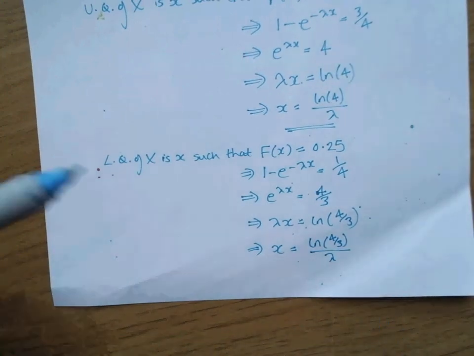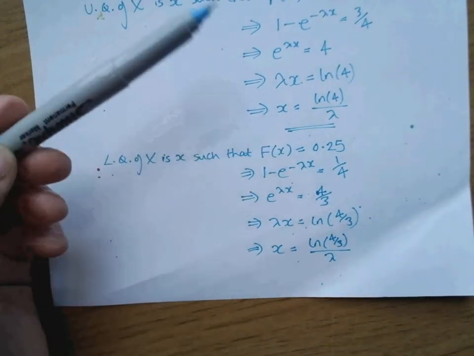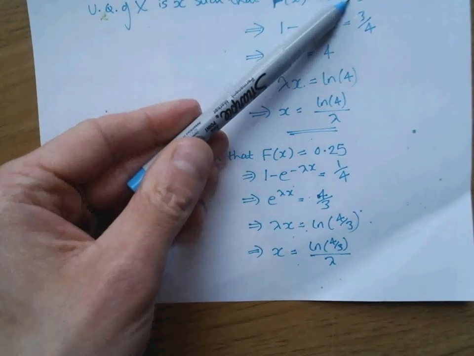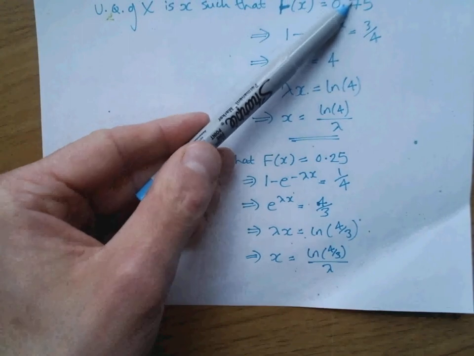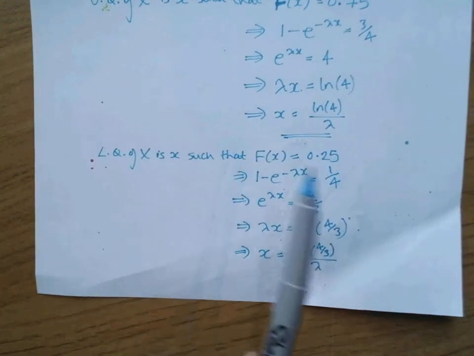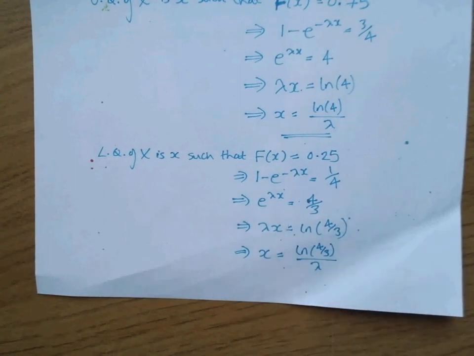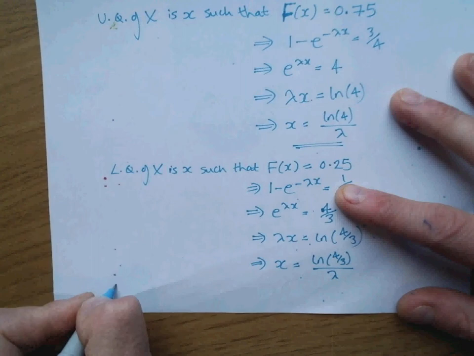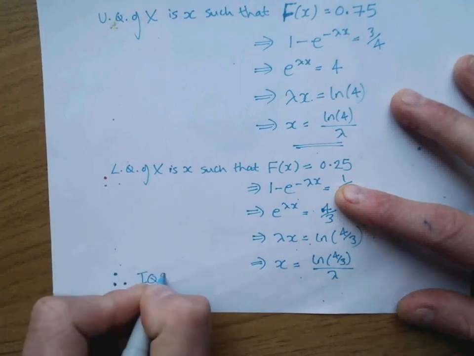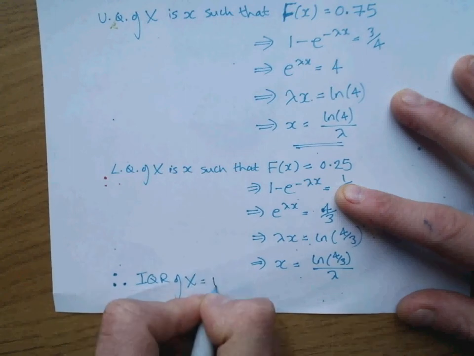Now whether or not you get a question about the lower quartile, they could easily just ask, such that, I don't know, 72% of the data or 23% of the data lies below it. It could be worded in a slightly different way, and it essentially is the same kind of calculation.